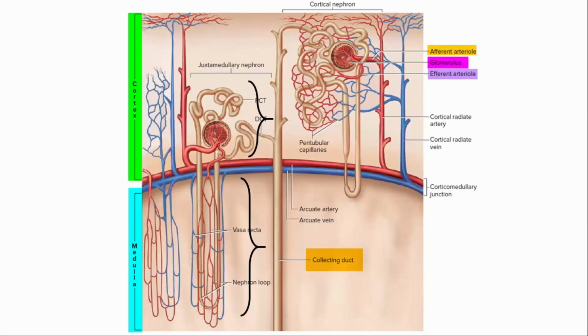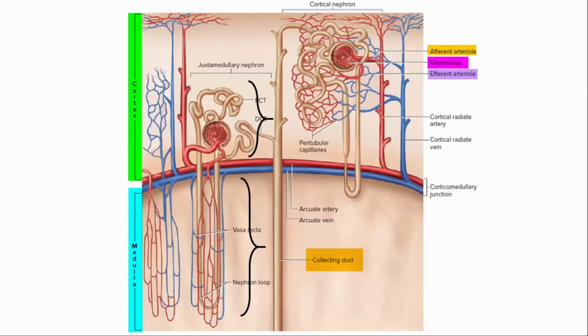The next question is, what happens to the loop of Henle? Does it stay in the cortex? The answer is no. It has to dip down into the medulla. What other structures are present in the medulla? They are the collecting ducts. So, can we find a glomerulus or a renal corpuscle in the medulla? The answer is never.